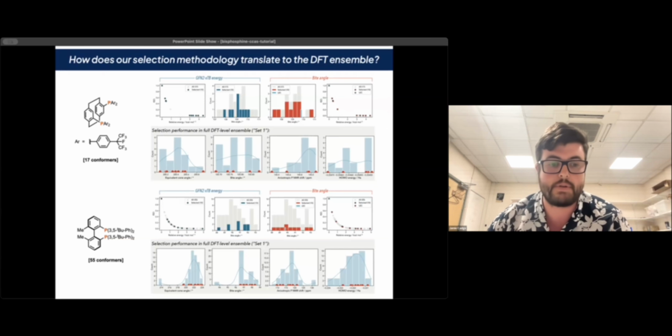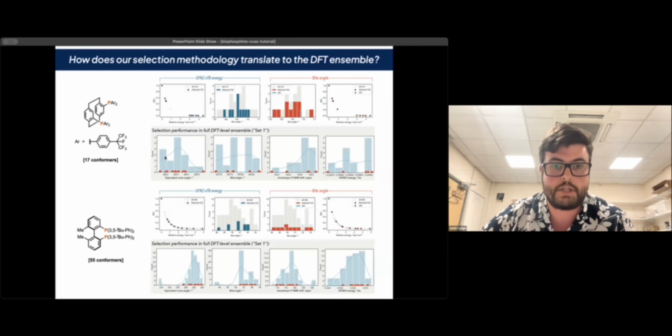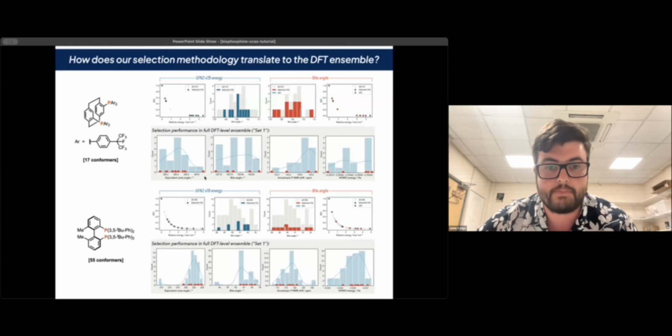So basically, we took all the conformers, we refined them using DFT, and so we could simulate effectively what would happen if we selected the conformers based on our bite angle selection method. These bars are the distribution of the features in the DFT, and these red dots are what ligands we would have picked based on our method.